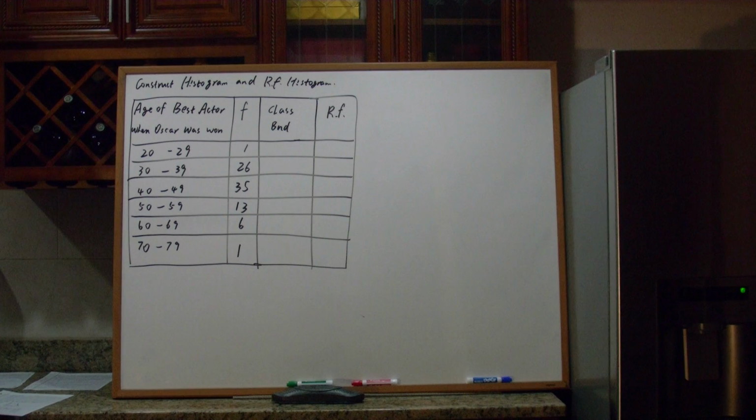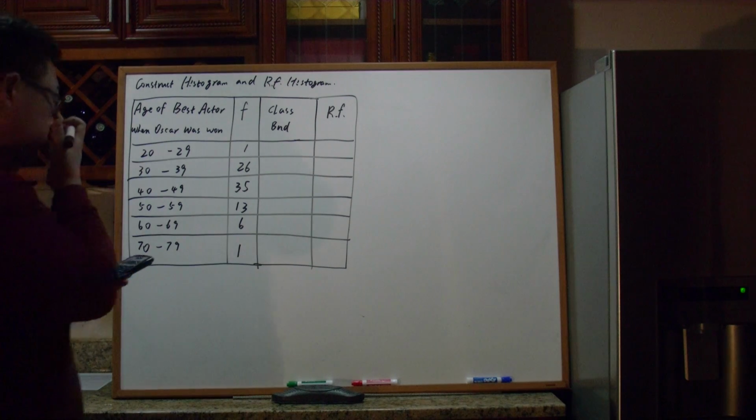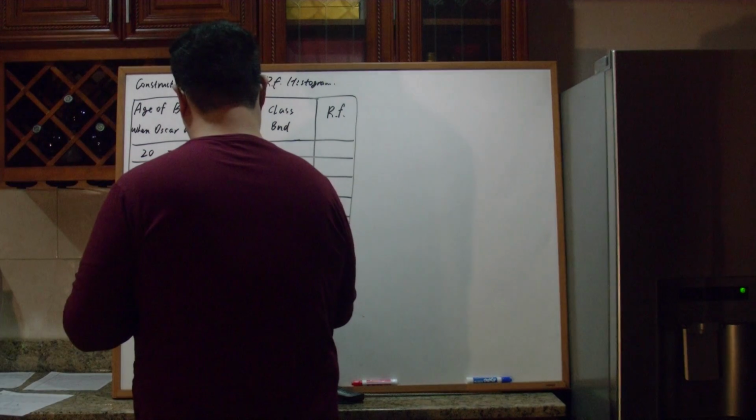I use the table provided for the Oscars Best Actor: 13, 6, and 1. Then we get 82 in total as the sum.